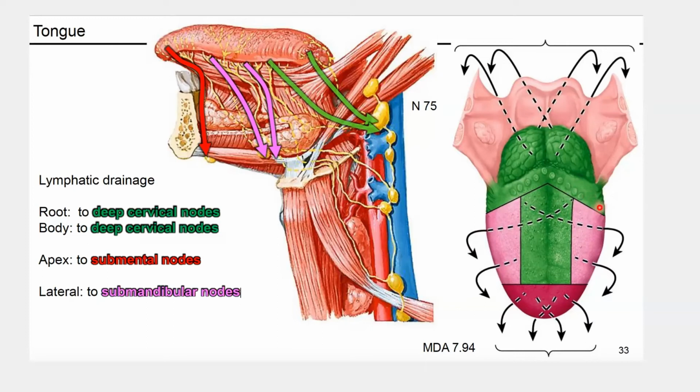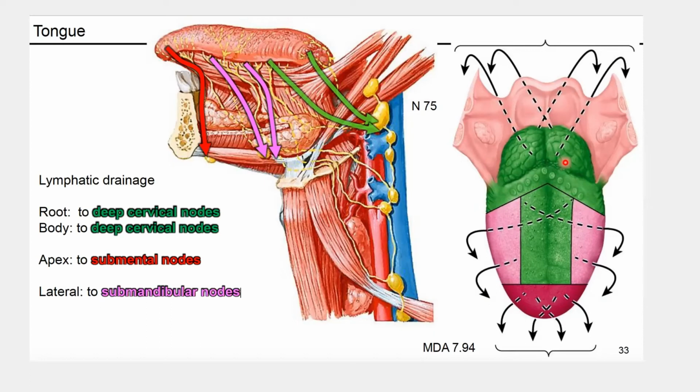And similar to that, the posterior 1/3 of the tongue drains into the deep cervical nodes on both sides of the neck, right? So it doesn't matter on what side a lesion is, it can drain into the other side as well.